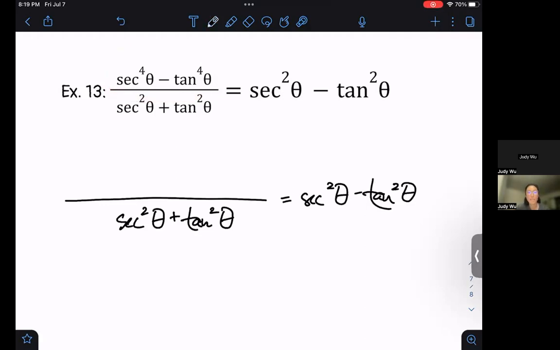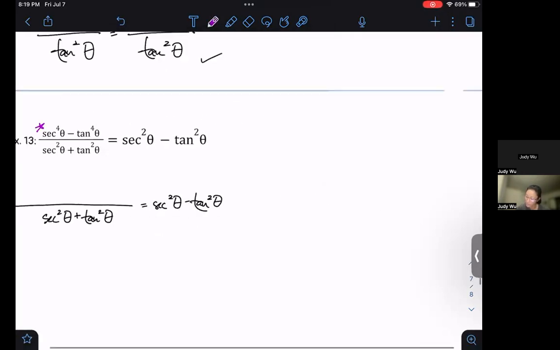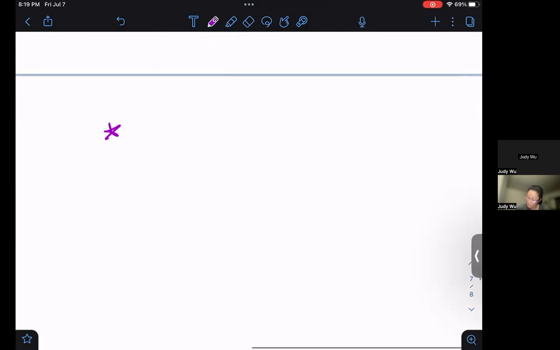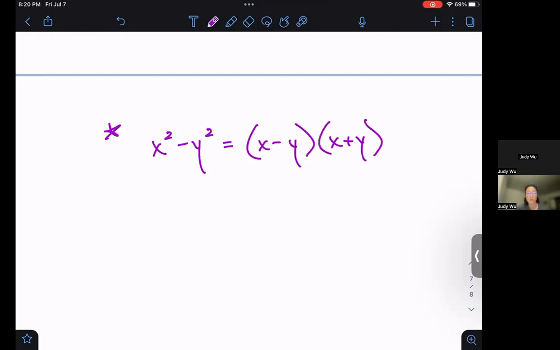Secant to the 4th minus tangent to the 4th. How in the world do we factor that? Let's go ahead and put a little note for ourselves over here, okay? Now, one of the things we might know is that x squared minus y squared factors into x minus y times x plus y, right? A difference of squares. You might have learned that somewhere along the way. It turns out, though, that this works for a lot of different cases.